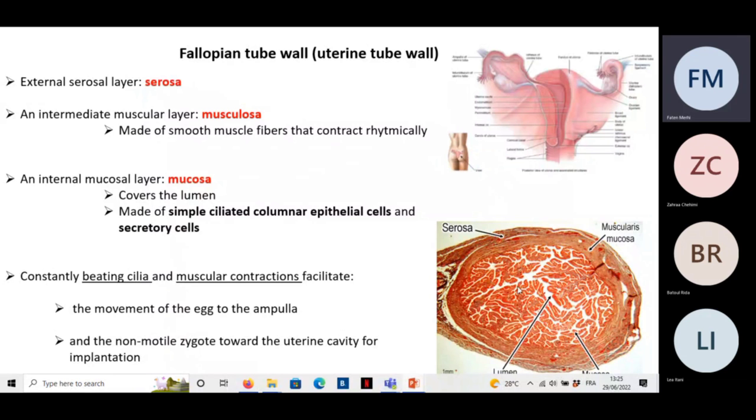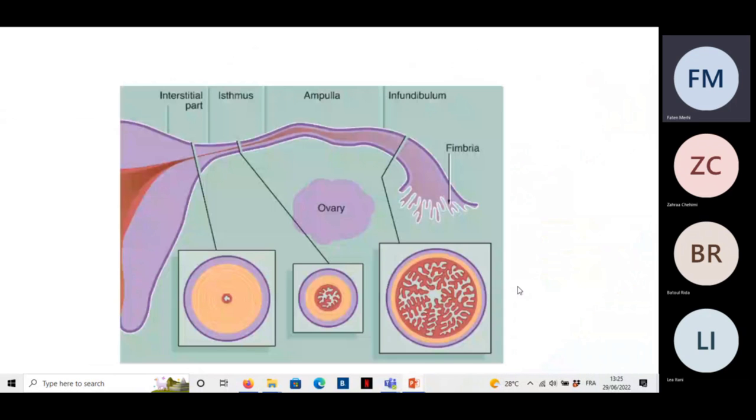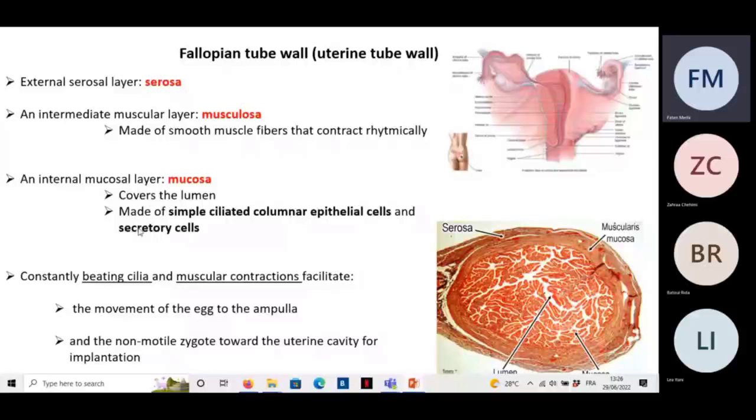Here we can see in purple the serosa, and in yellow the musculosa, composed of smooth muscle cells. It helps in the contraction. Those cells are also secretory cells.